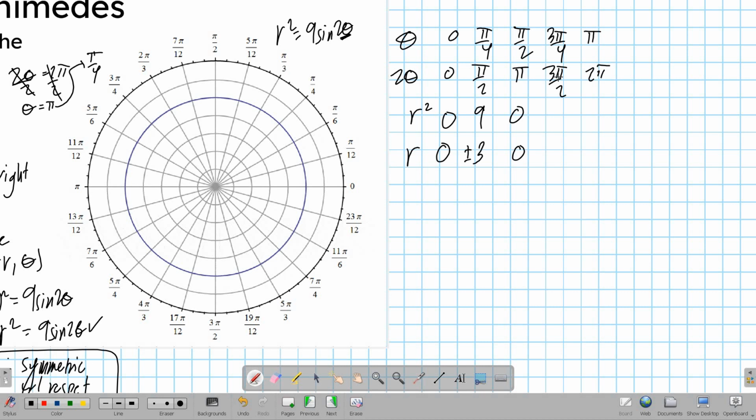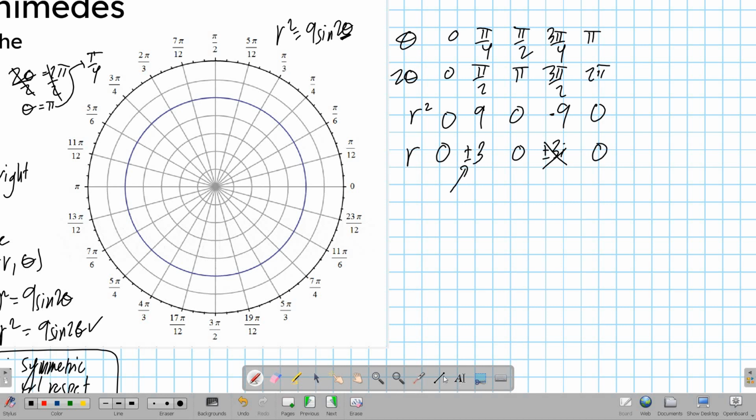So sine 3 pi over 2 is negative 1 times 9, that's negative 9. But the square root of negative 9 is imaginary. That's positive negative 3i, which we don't usually add, because there are no imaginary numbers on the polar coordinate system. So for sine 2 pi, that's 0, 0. So this is only what we get.